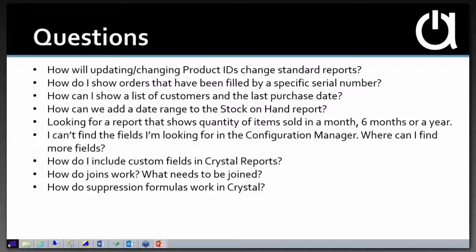If you wanted to have a stock on hand report that had a date range, and I think this one specifically was, well, I want my accountant or my inventory management person to be able to see what our stock on hand was back on April 15th. Well, the stock on hand report really isn't going to lend itself to doing that because of the way it's been constructed.